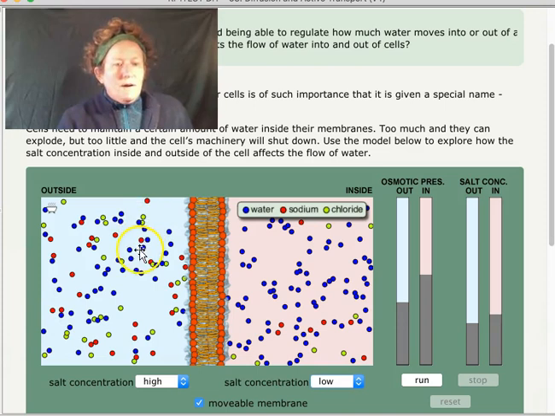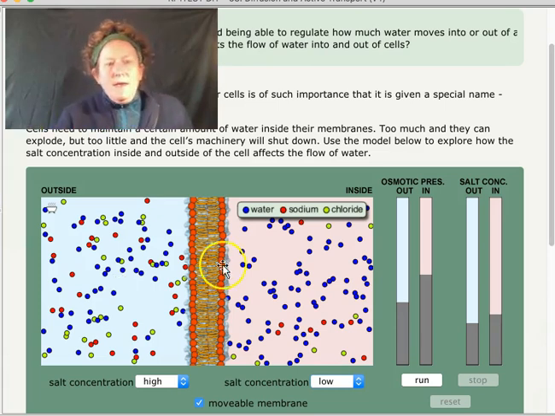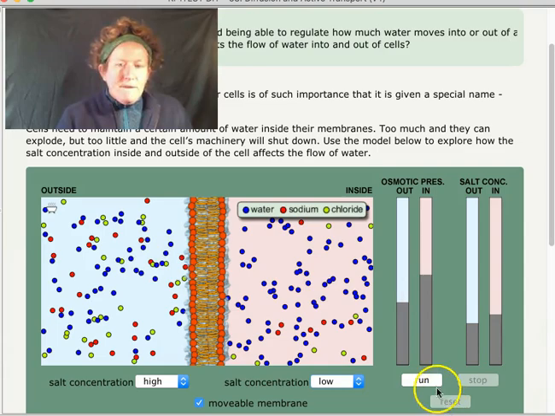And over here, there's a high concentration of salt, so a lower concentration of water. Remember, osmosis is the diffusion of water, and diffusion happens so that both sides will be even. If there's more water here and less water here, what do you think will happen? We'll let it run.